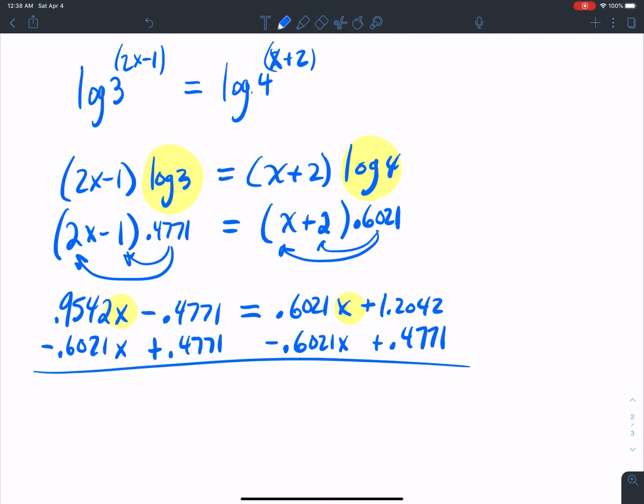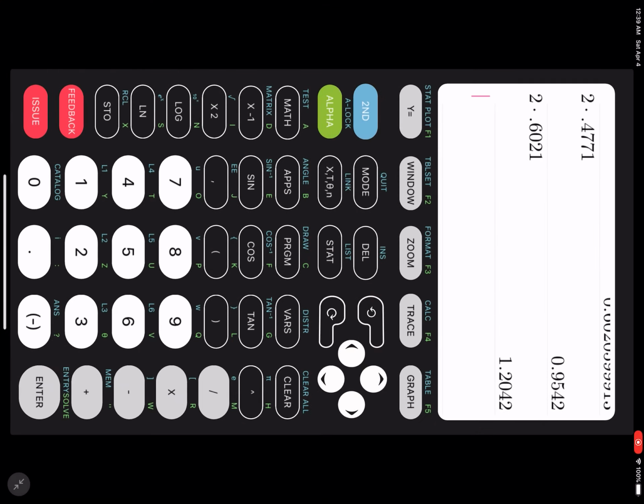So I need to do this. I can actually do that in my head. You can use a calculator if you want. Take the 1 down, the 2, the 5, and the 3. I think that's right. I hope that's right. 0.9542 minus what? 0.6021. 0.3521.